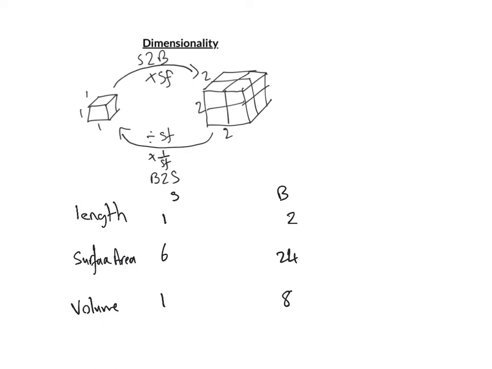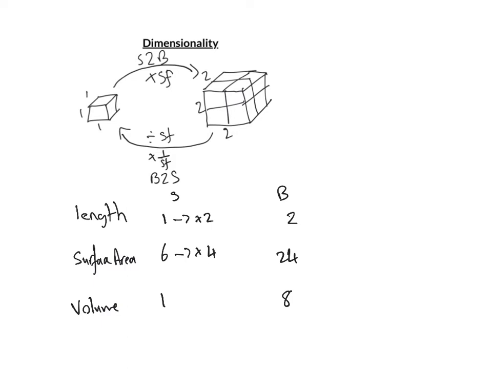Okay, now let's look at the mapping more, the scale factors, if you like. To go from 1 to 2, we have multiplied by 2, small to big. To go from 6 to 24, we've multiplied by 4.